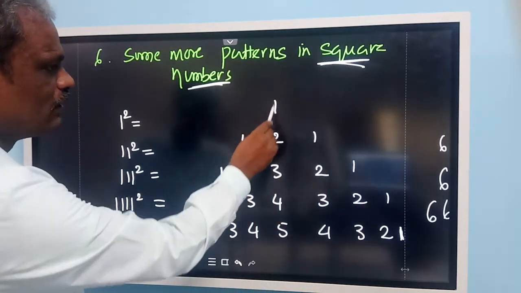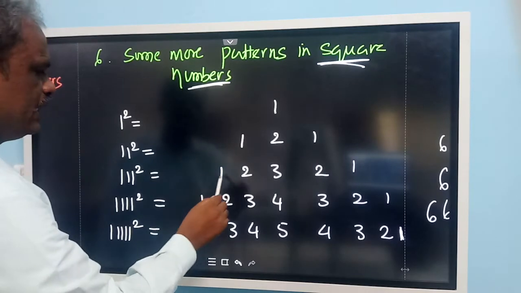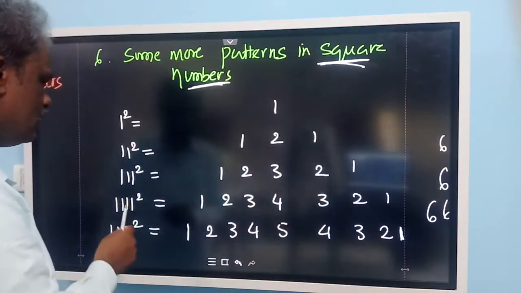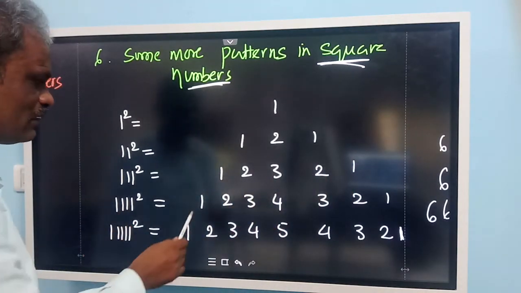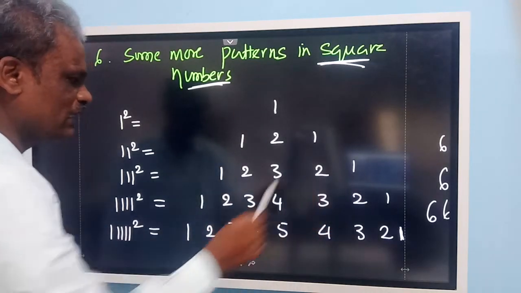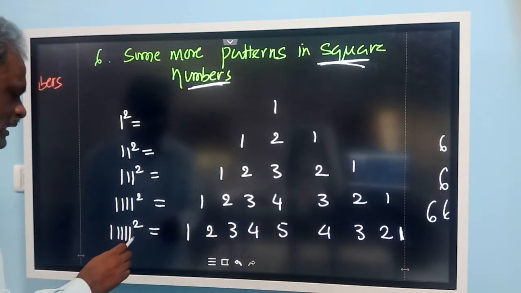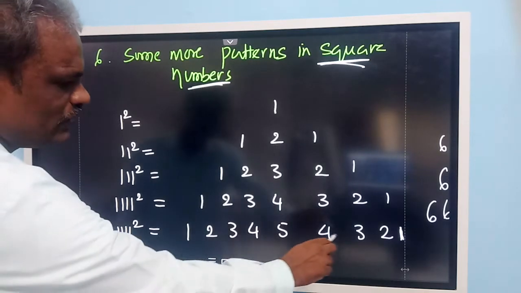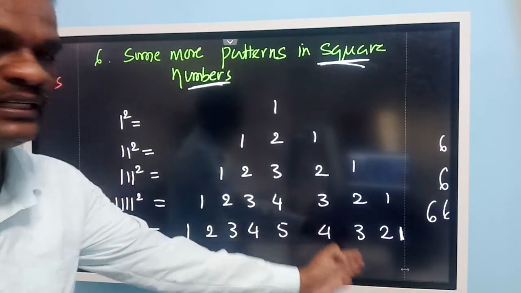Look at this pattern: 1, 121, 111 square is 12321. See, 1111 square is 1 2 3 4 3 2 1. So this is 11,111 square: 1 2 3 4 5 4 3 2 1. Increasing then decreasing.